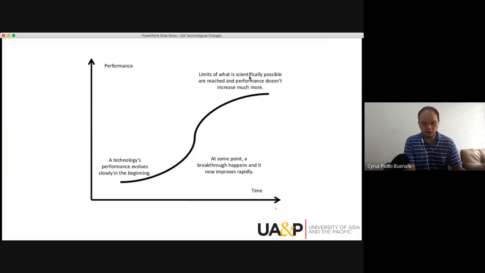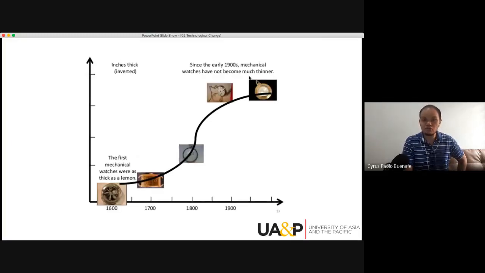Let's take an example for watches. At the start, the first mechanical watches were thick as a lemon. The horizontal axis is time, the vertical axis, it says here, is inches thick. It's inverted, but the idea is how portable your watch is. So that's the metric. Back then, they were huge, bulky.